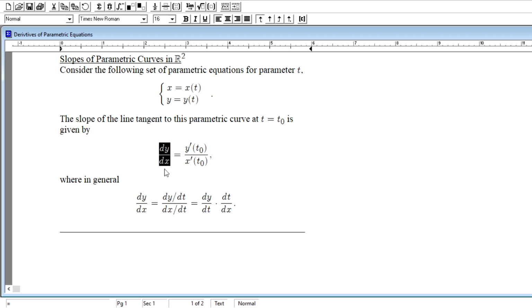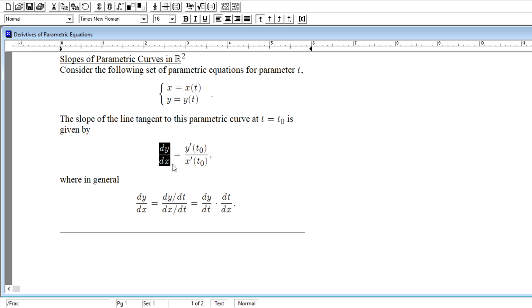This ratio is our understanding for slope, and that does not change. But to calculate it using these descriptions of x and y given above, we take y's description, y of t, evaluate its first derivative at the value of t naught, and put that over x's first derivative in terms of t, evaluated at t naught.